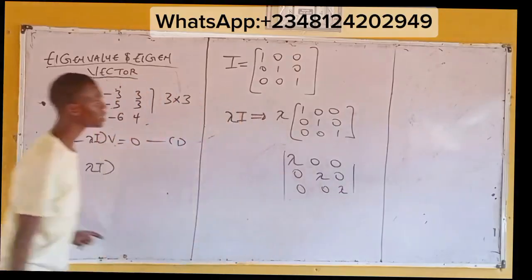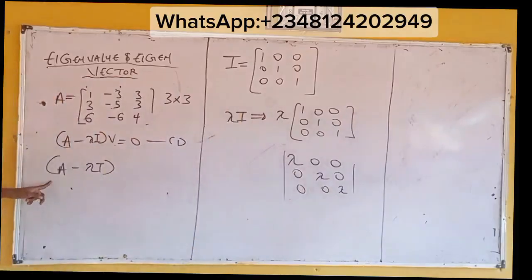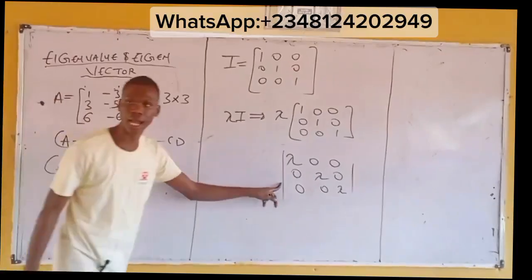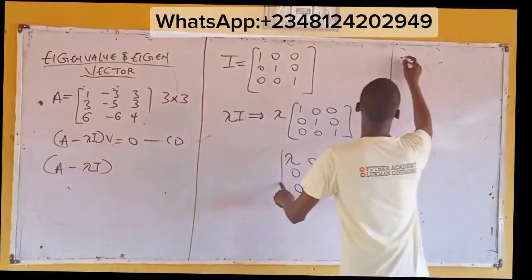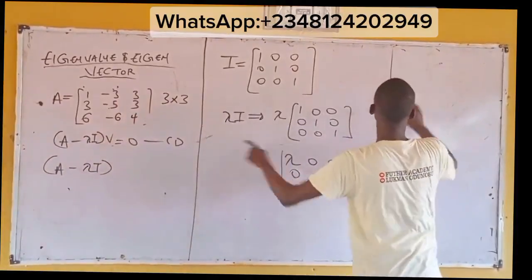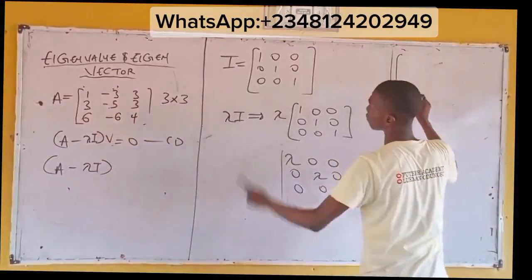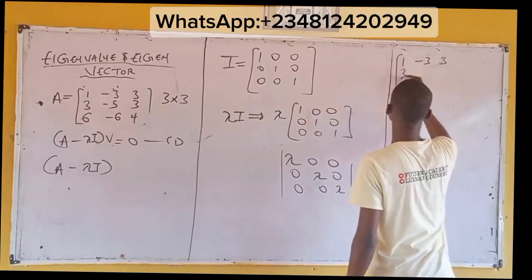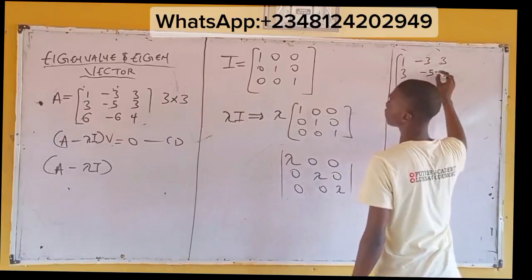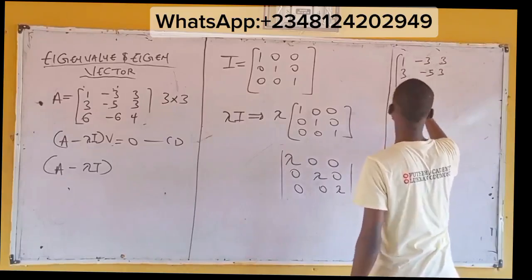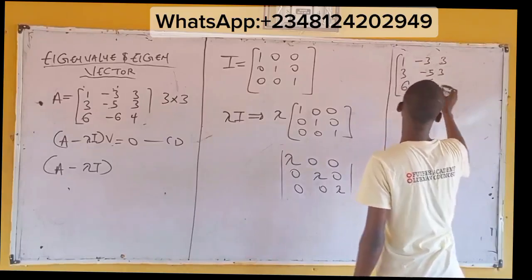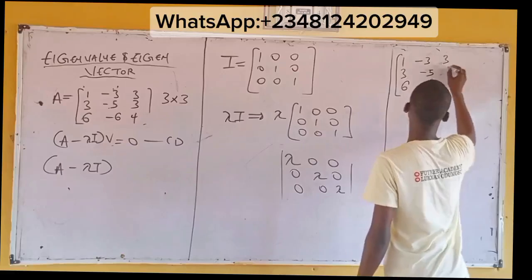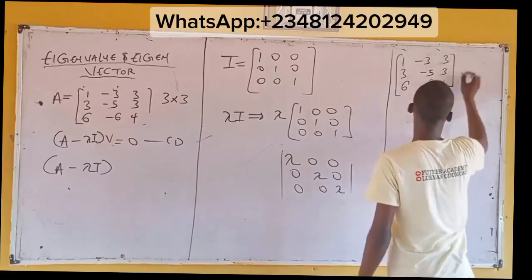Now, let's solve for this. A minus lambda I. What's our A? The given matrix. What is lambda I? This one. Now, let's solve. Call the given matrix for me. What do we have? 1, negative 3, 3, 3, negative 5, 3, 6, negative 6, and 4, right?